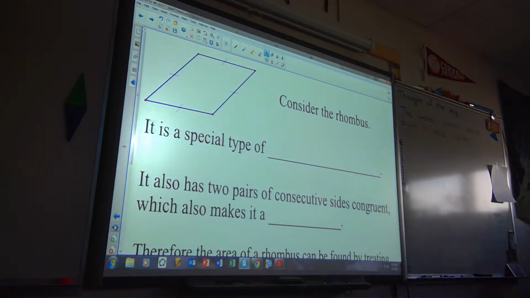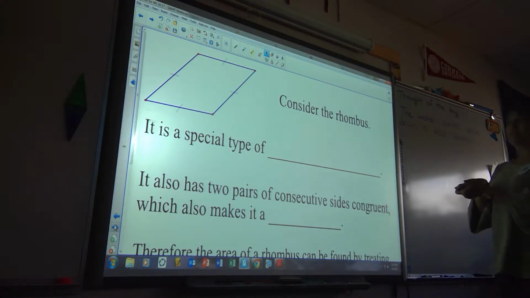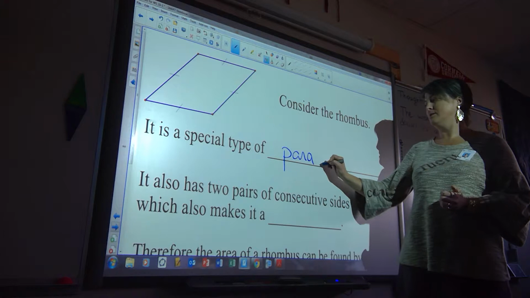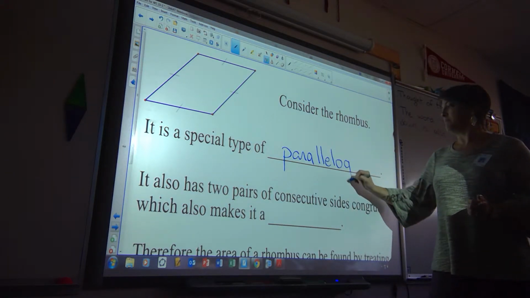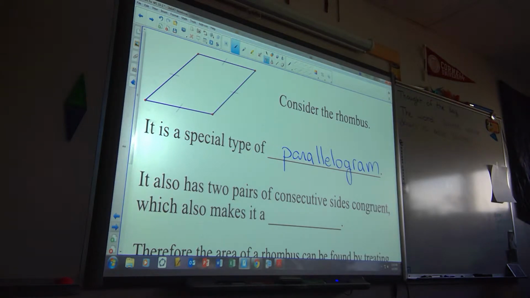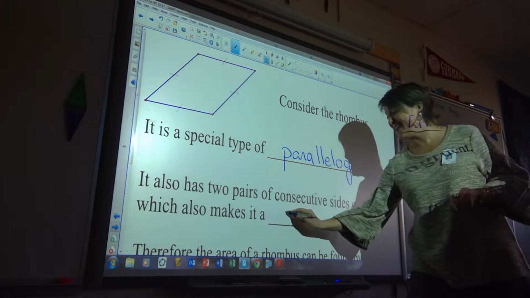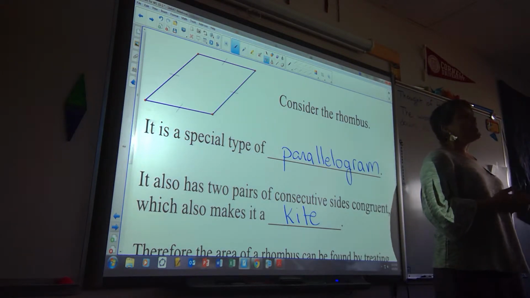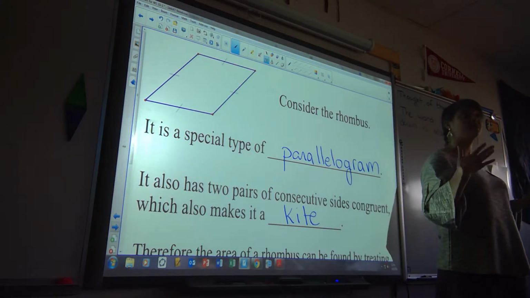Now, when we look at rhombuses, we already know that it's a special type of parallelogram. But it also has 2 pairs of consecutive sides congruent, which also makes it a kite. So here's the nice thing about a rhombus: we have a choice of 2 different formulas.